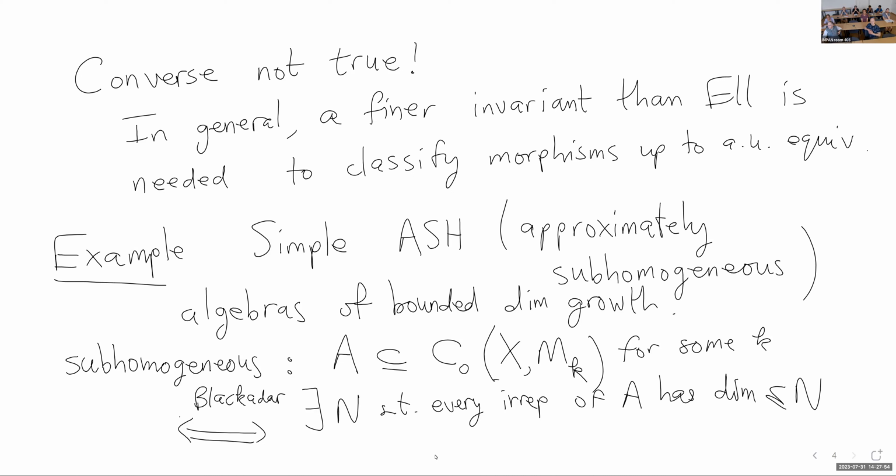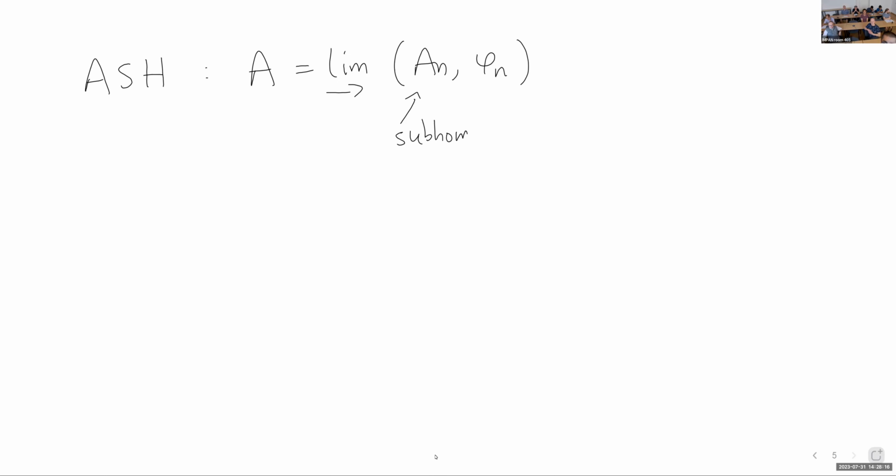Approximately subhomogeneous means we take an inductive limit of these things. So A is an inductive limit of A_n's, each subhomogeneous. In other words, each lives in some C_0(X_n) tensor M_{k_n}. That's what approximately subhomogeneous means.